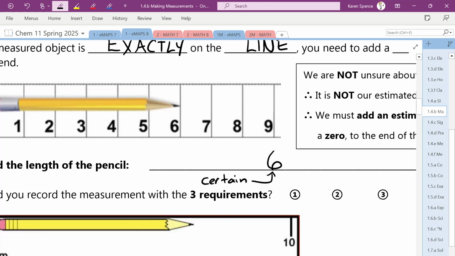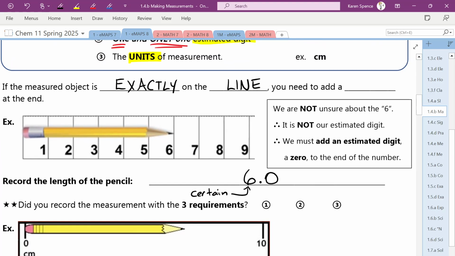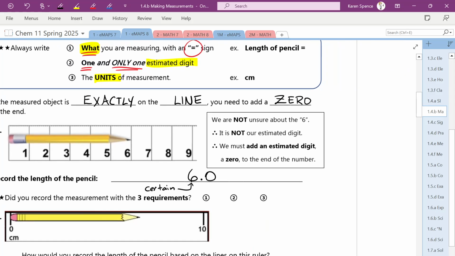But we need to have one estimated, one uncertain digit. And so that's why we are always going to add a 0. So if it is exactly on the line, you need to add a 0. And I'm going to put in brackets or 2 or 3, because sometimes it will be or 2 or 3. We'll come to those later.